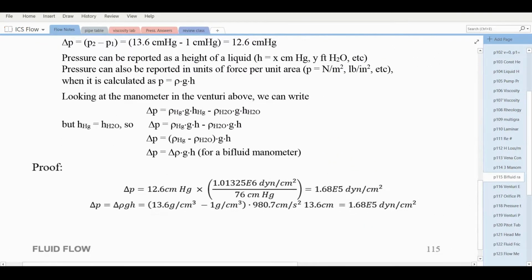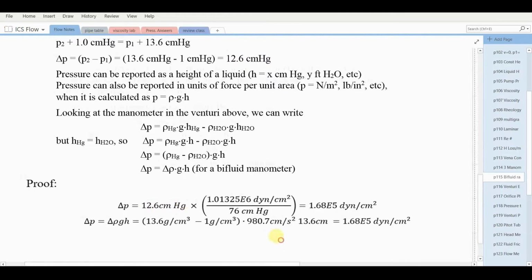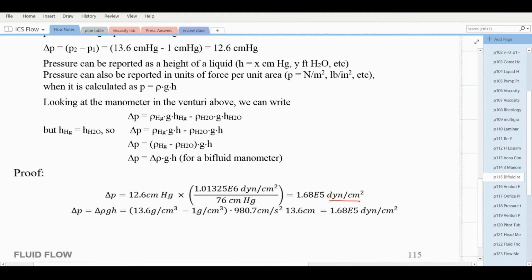We calculated up here that the difference in pressure is 12.6 centimeters of mercury. Let's convert that to dynes per square centimeter using atmospheric pressure as a conversion factor. 76 centimeters of mercury is equal to 1 atmosphere, which is 1.01 times 10 to the 6 dynes per square centimeter.